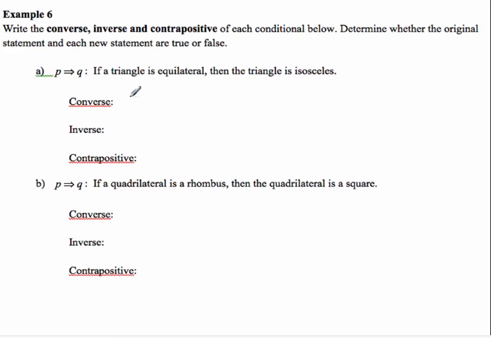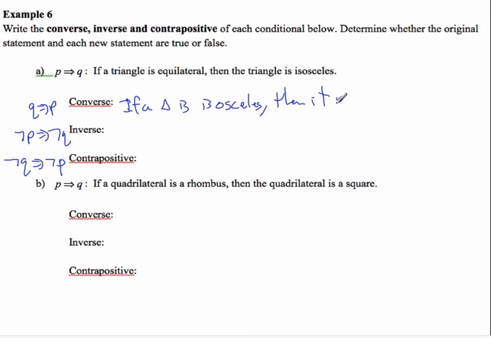The converse is going to be Q implies P. The inverse is not P implies not Q. Contrapositive is not Q implies not P. So the converse, we switch them around: if a triangle is isosceles, then it is equilateral. Okay, so that's the converse.